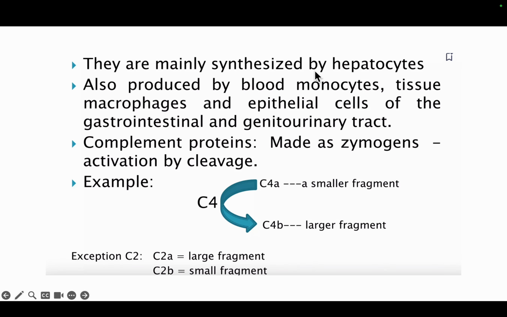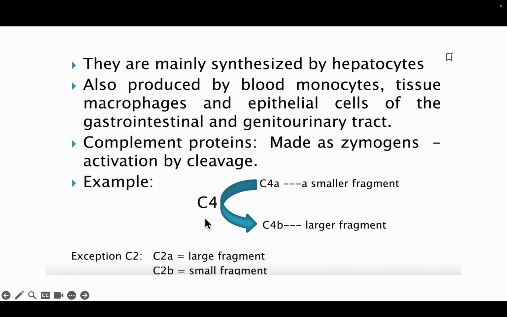They are mainly synthesized by hepatocytes, and also produced by blood monocytes, tissue macrophages, and epithelial cells of the gastrointestinal and genitourinary tract. Complement proteins are made as zymogens, with activation by cleavage.